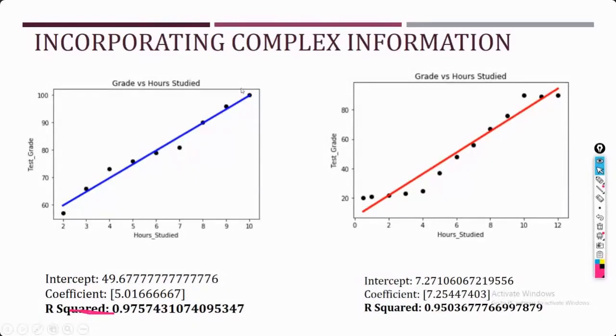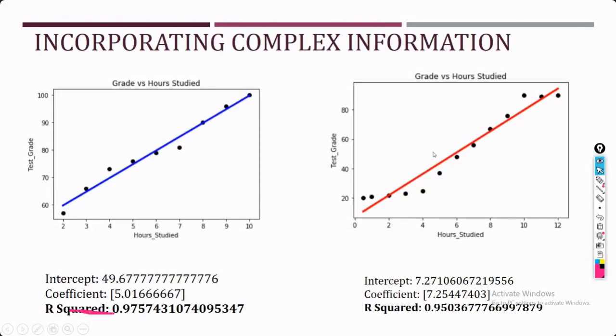Here you can see there is somewhat of a linear relationship between the hours of study and the test grade. So if I draw a straight line, this is also going to work. The value I'm getting is 0.97. So this is quite able to represent my data, meaning this line is able to represent my instances, or your training examples.